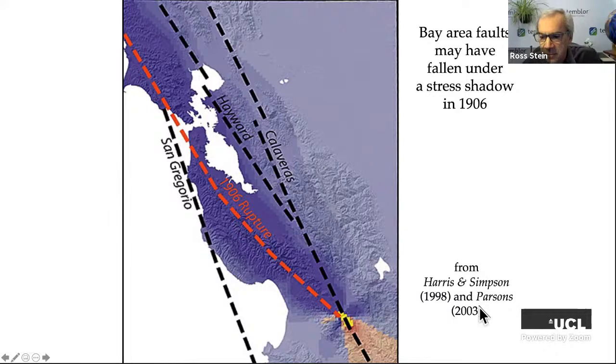This was first promoted and explained by Ruth Harris and Bob Simpson, and then later studied by Tom Parsons and also by Fred Pollitz. So it's an interesting, perhaps very important case for society that the San Francisco Bay Area blossomed in terms of population during this very unique period of seismic sleep brought on by the 1906 earthquake that is in no way typical.